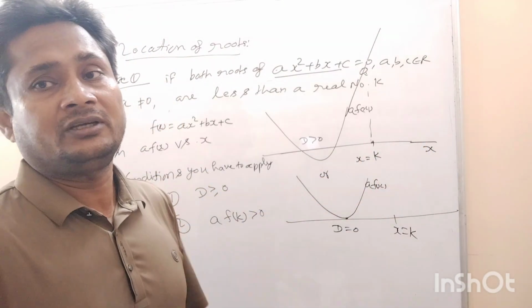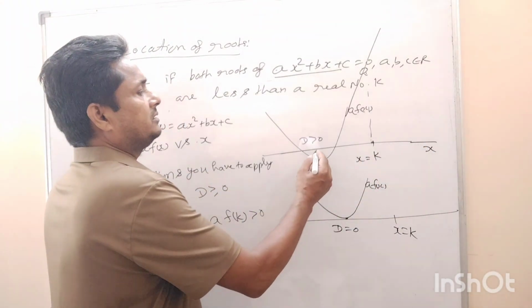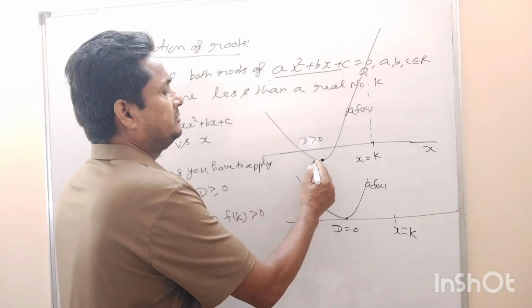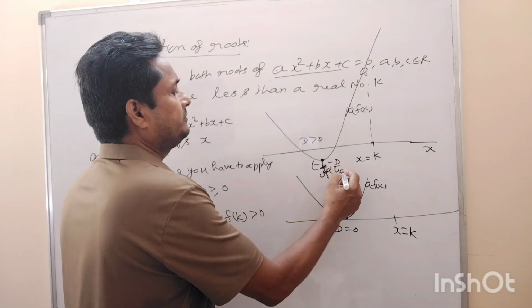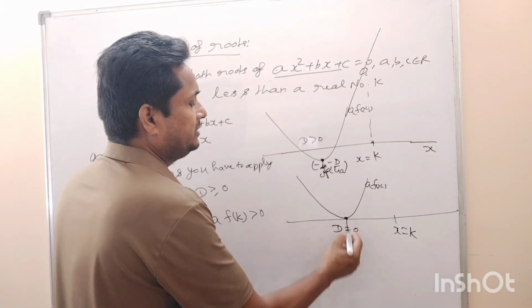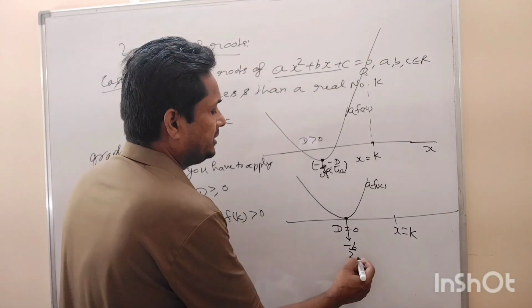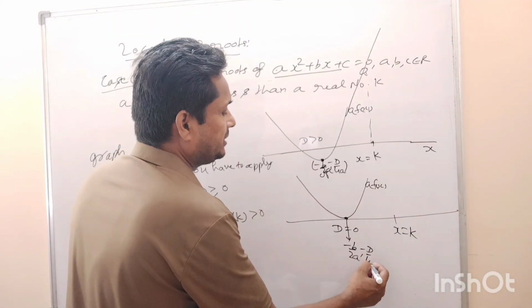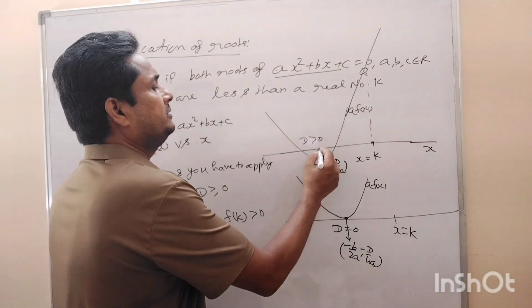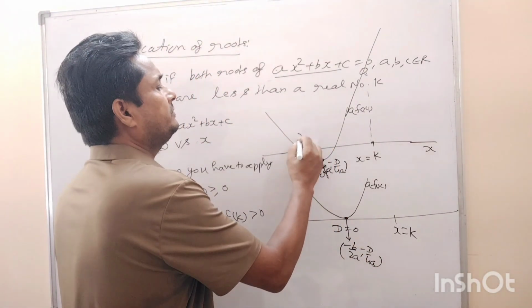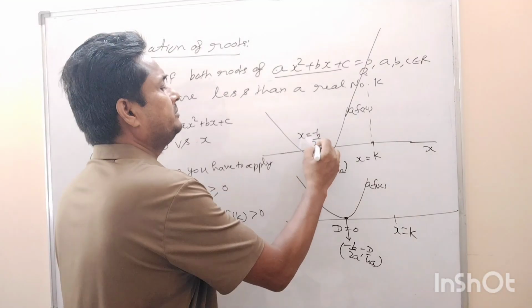For this restriction, we know the coordinate here is minus b by twice a, comma, minus D by 4a. This is the coordinate. Here it is minus b by twice a, comma, minus D by 4a. And with respect to this, we know here the value of x is what? Minus b by twice a.